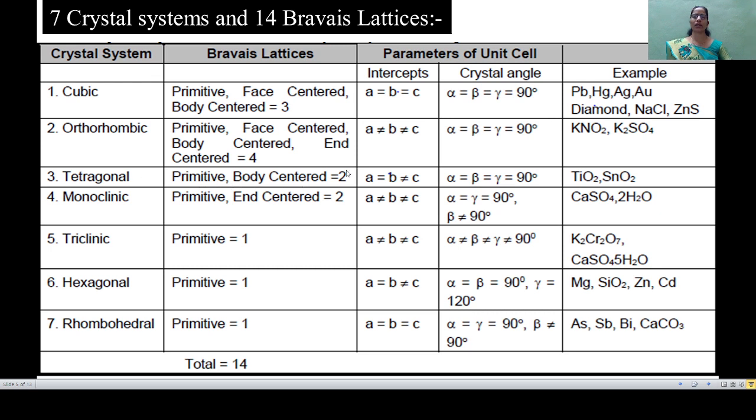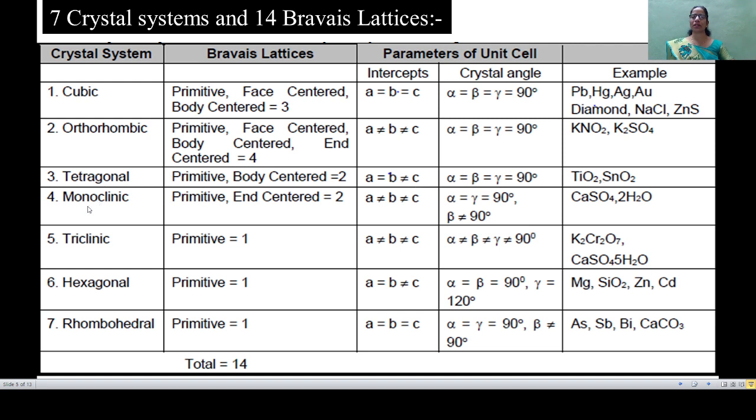In this tetragonal crystal system, two edges are of equal magnitude, but the third one is different. That is, here A is equal to B, not equal to C, while all the angles are of 90 degree. The substances such as titanium oxide and stannous oxide are showing this type of crystal system.